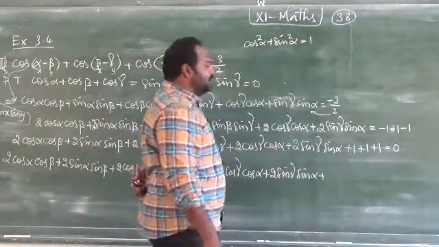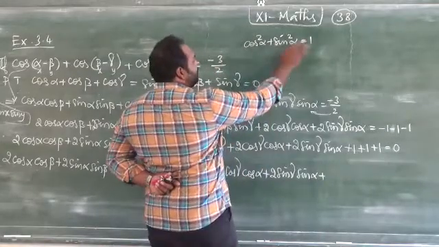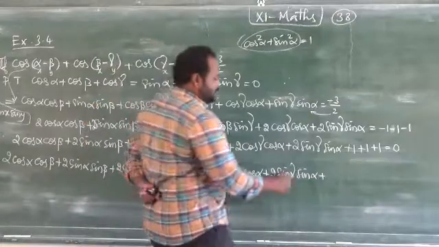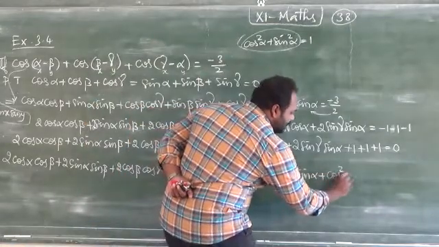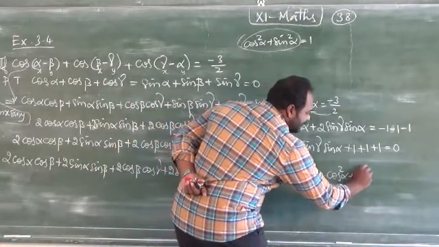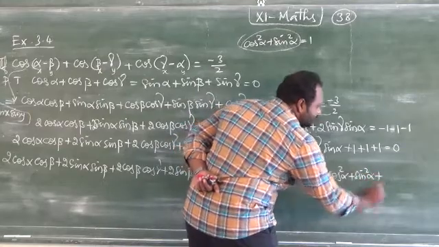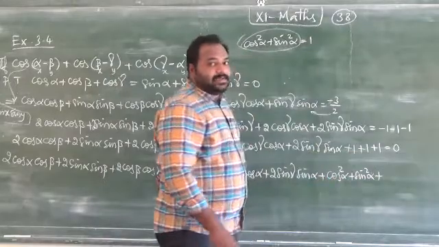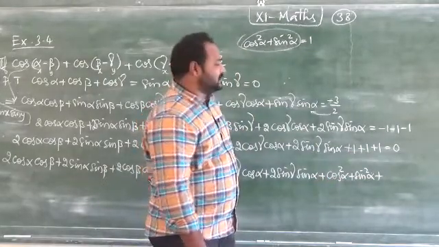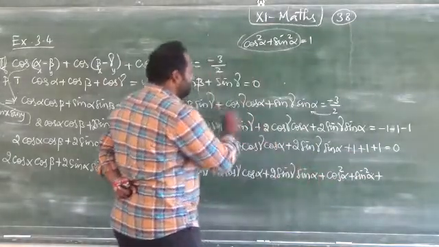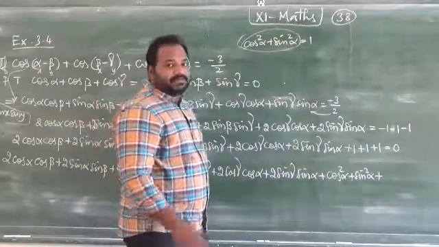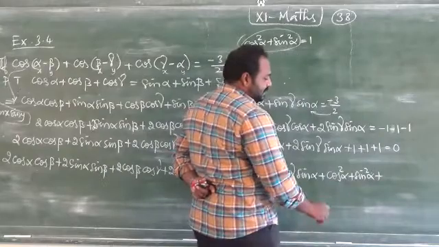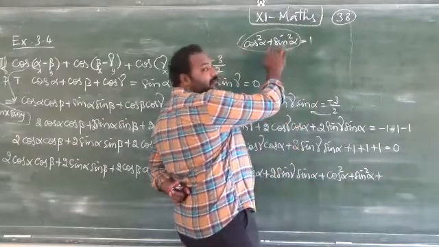For the first 1, I am going to write cos square alpha plus sin square alpha. Next one, I am going to write cos square beta plus sin square beta, because we have alpha, beta and gamma, 3 components. So we have to write all the 3 in this property.